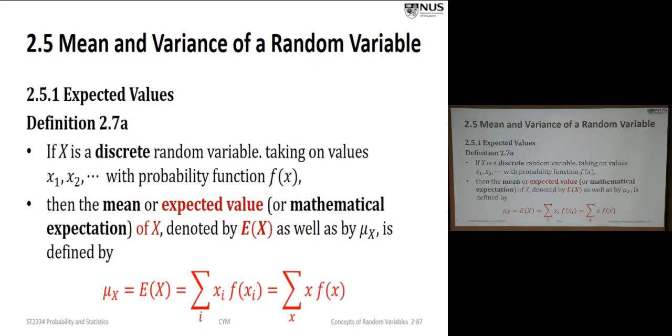Now, from now on, throw away your old definition of mean, which is that you have a bunch of numbers and you just add them up and divide by n. This is the way you learned about mean, maybe from primary school or secondary school.